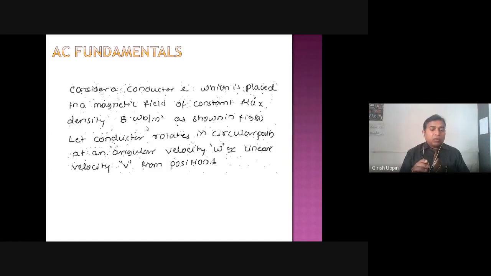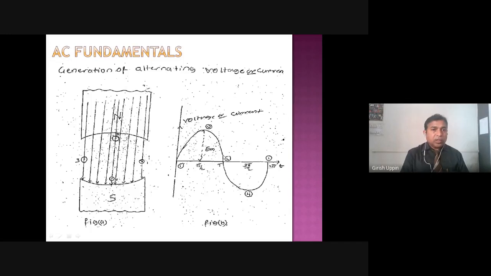And we are going to rotate that particular conductor in a magnetic field having flux density of B Weber per meter square, with an angular velocity of omega, or equivalently a linear velocity of V. So this is how the setup is.